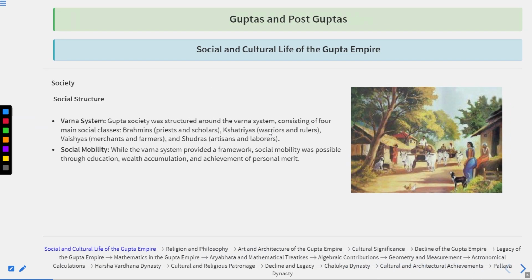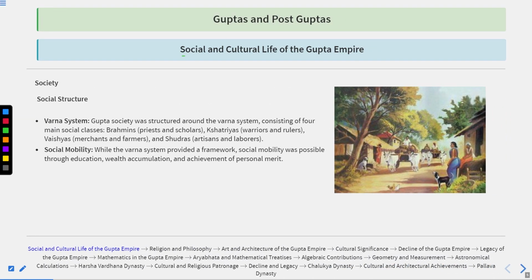Okay. So now, first let us delve into the social and cultural life of the Gupta Empire. If we talk about the social structure, the Guptas continued the same system that we had during the Vedic period, which is known as the Varna system.